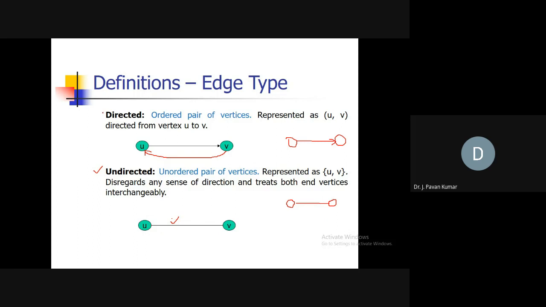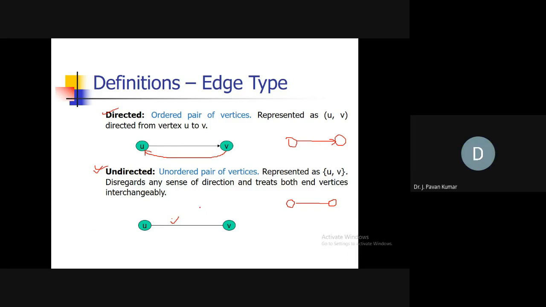So directed edge, undirected edge, and according to this we can classify graphs also: directed graphs, undirected graphs. Directed graphs can be called, in short, digraphs.